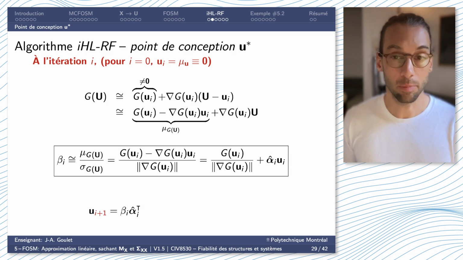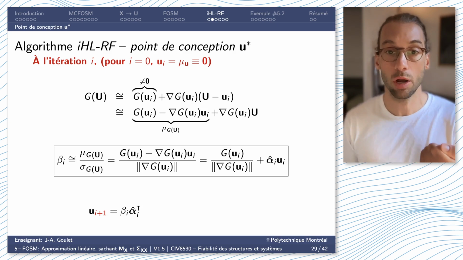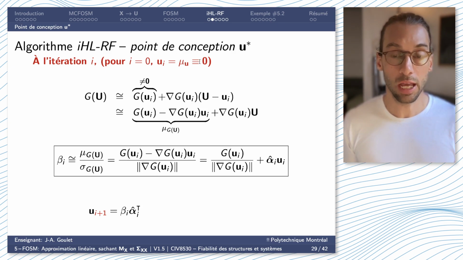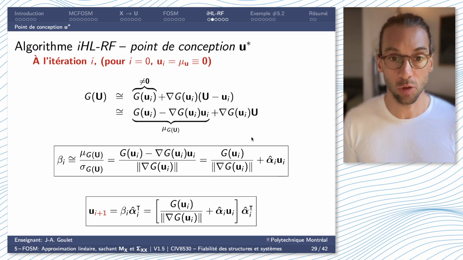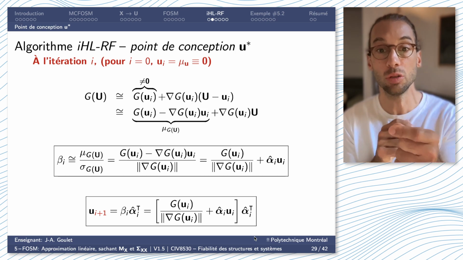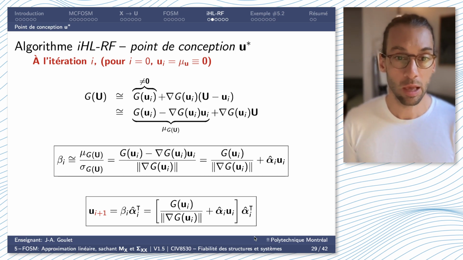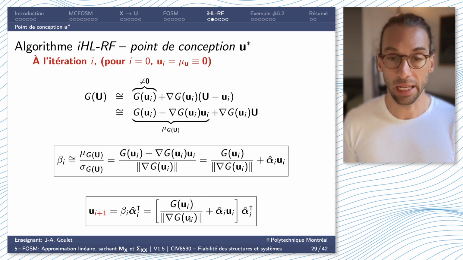So I can say that my next design point, if I start, say, at the origin, is going to be the multiplication of beta, the beta that I've approximated here, times alpha. If I explicitly represent the term here times itself alpha, I'm going to get this new term. So I can approximate my new linearization point u by evaluating these terms, where g of ui I can easily do.